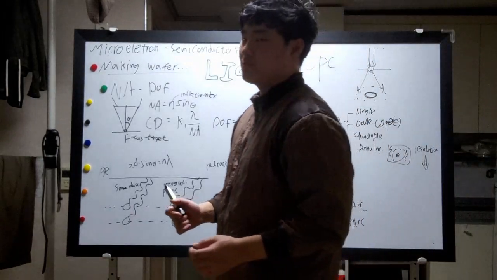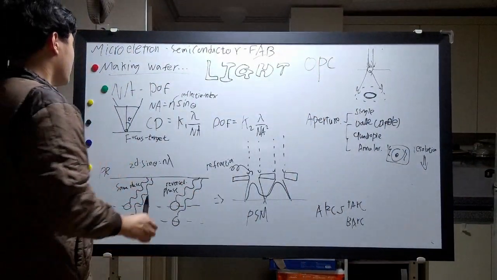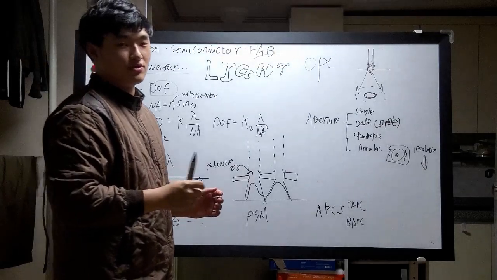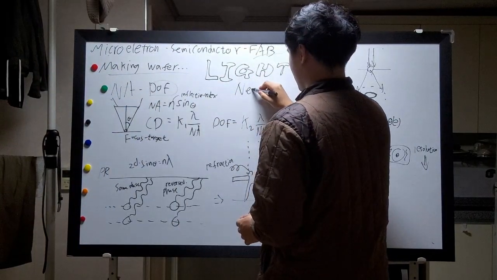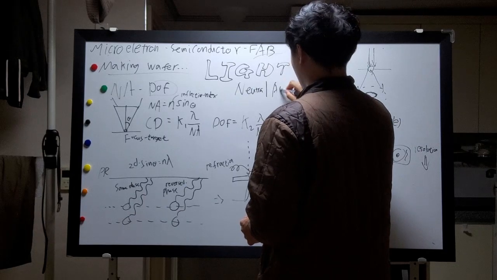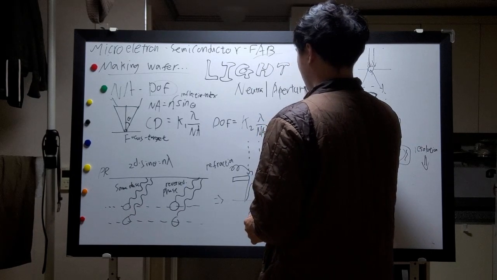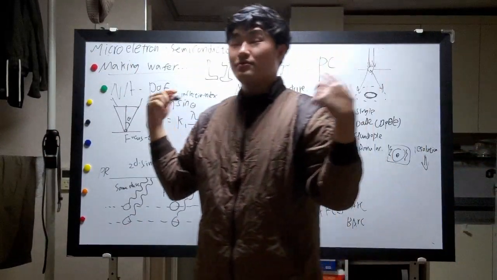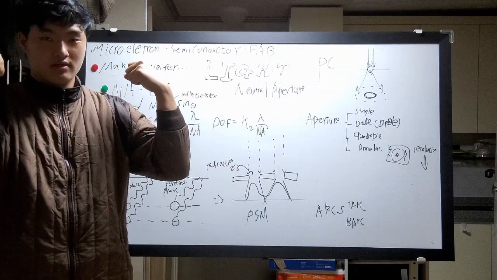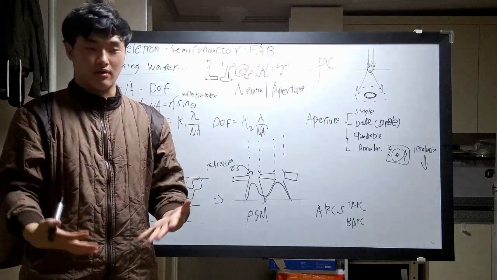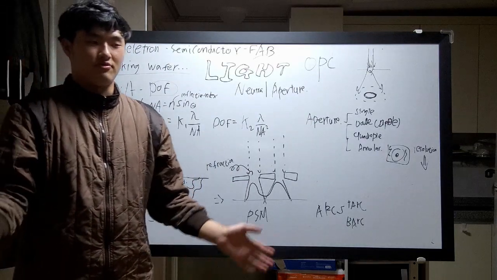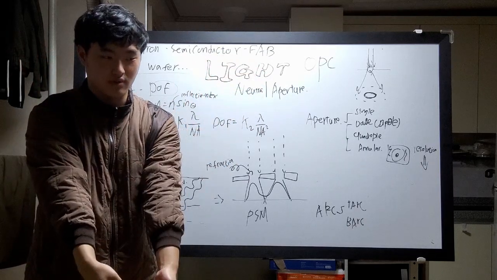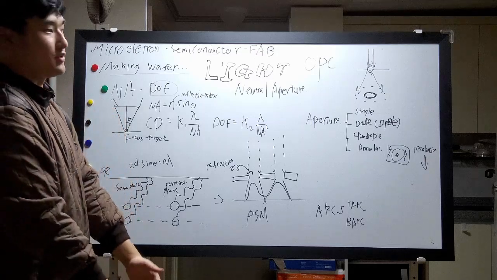So before starting this, let's talk about NA and DOF. NA, which means numerical aperture. NA means when the light is beamed and injected through the slit or the patterns, and we get to the lens, the lens will accumulate the light to the inner focus dot or the targeted focus area, like this one.